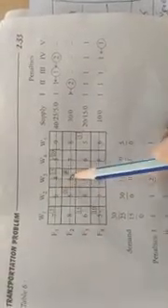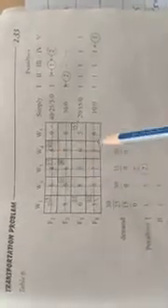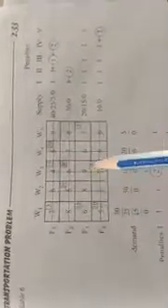So 6 is the smallest cost element in the whole matrix. Here also 6 is there, here also, here also. There are more 6s available in the matrix. So choose the cell which does not form a loop.